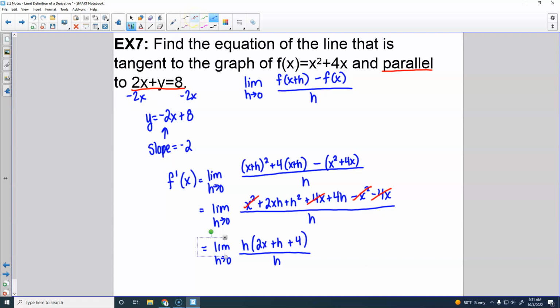The h's cancel. We can plug in 0 for our h, so 2x plus 0 plus 4 is just going to give us 2x plus 4. So f prime of x equals 2x plus 4.